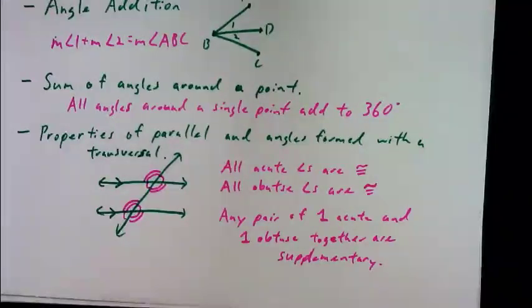When I looked through the review that the county gave us, these are the only types of problems that they have on there. Now, are there other geometry problems that you could see on the SAT? Yes. These are the only ones I'm forcing you to take notes on. These are the ones that I'm going to give you problems on starting tomorrow.